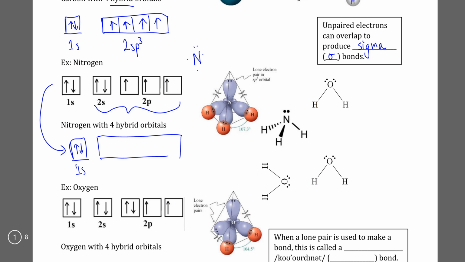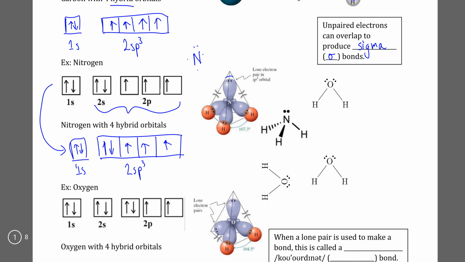And if we redraw nitrogen's 2sp3 hybrid orbitals here, now if we are to add these electrons together, nitrogen still has a lone pair here represented by the 2 electrons that came from its 2s subshell, but each of these orbitals here is only an unpaired electron, which means that each of these can combine with other elements in order to form sigma bonds.